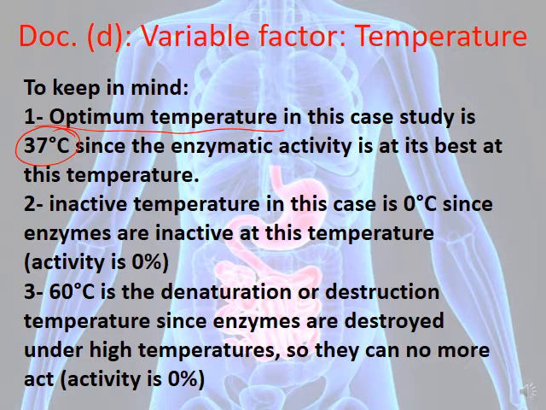When we give them back temperature 37, they will work. 60 degrees in this case is called the denaturation or destruction temperature. Why? Because the enzymes are destroyed or denatured. You have to know both words, destroyed or denatured, under high temperature, so they can no more act. Their activity becomes 0 and they are destroyed.